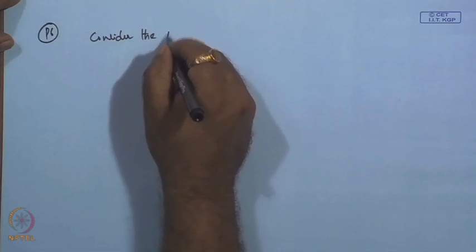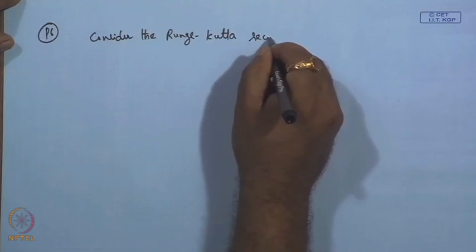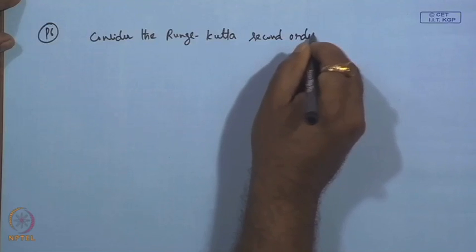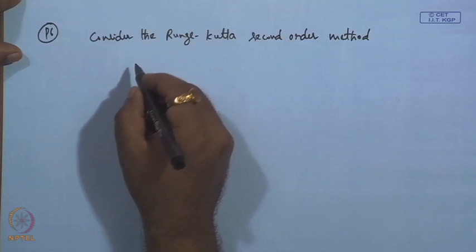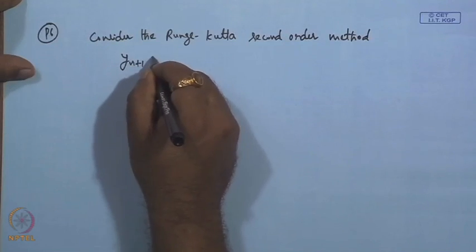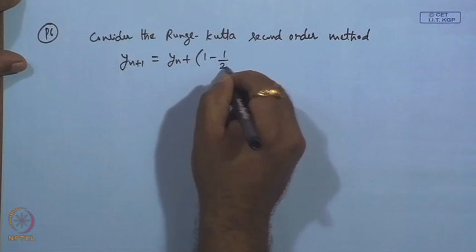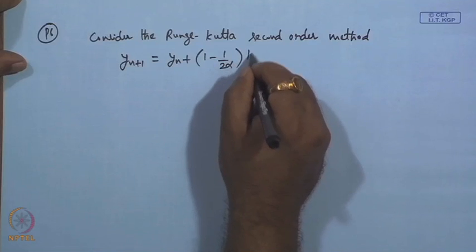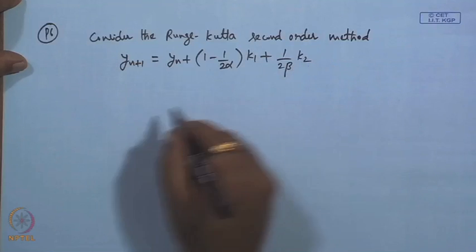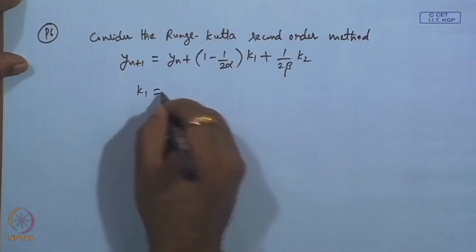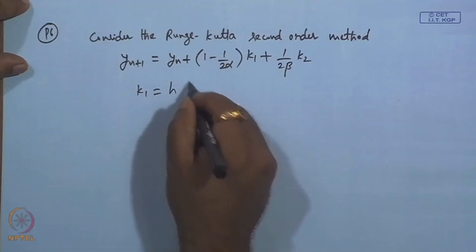Consider the Runge-Kutta second order method, given by y n plus 1 equals y n plus, okay, k 1 is, well, if you take h there, we need not, otherwise we have to take h here.